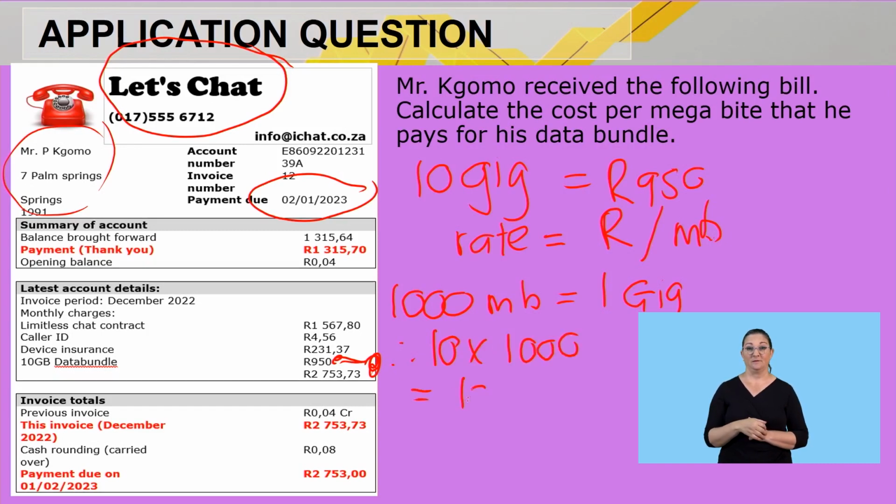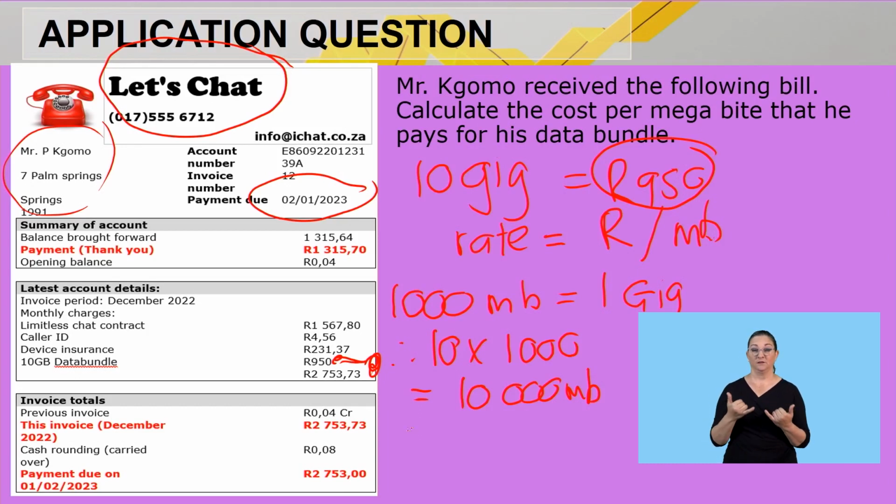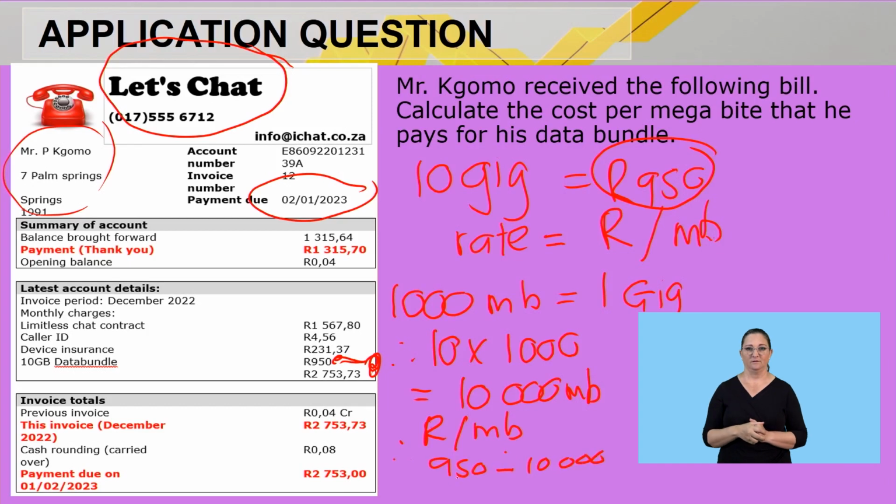So he receives 10,000 megabytes every month. And for that 10,000 megabytes, he pays 950 rand. So the rate is going to be rand divided by the megabytes. So it's going to be 950 divided by 10,000. And that is then going to be rounded to 10 cents per megabyte.